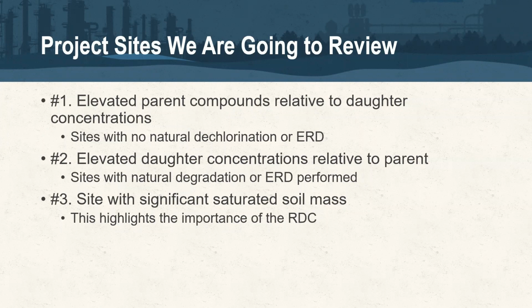Second site is the flip side of that, where we've got some natural degradation or some ERD work done, where you've got at least some conversion, where you've got some DCE, vinyl chloride at baseline to start with. And then number 3 is a site that had significant saturated soil mass, and specifically significant daughter product saturated soil mass. And so the signatures that we'll see in the data for all 3 of these are quite different.